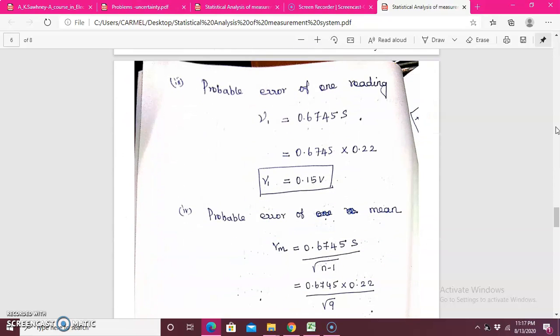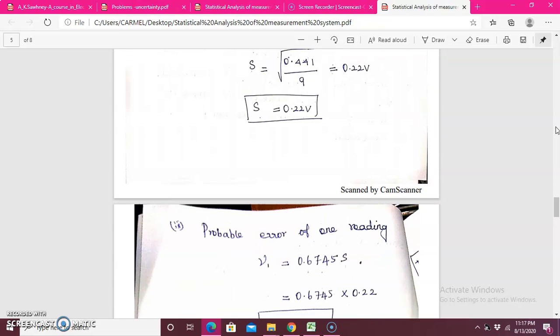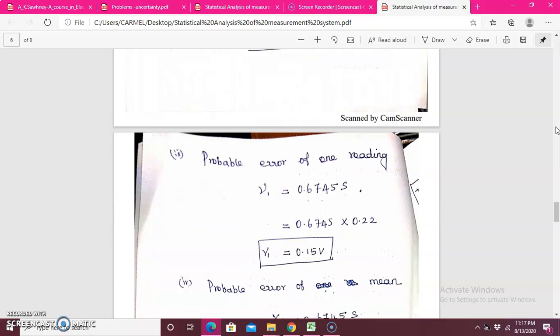Third one is probable error of one reading. Already you have the value of the standard deviation, right? As you got 0.22 volt. That 0.22 volt is multiplied with 0.6745. So your probable error is 0.15.